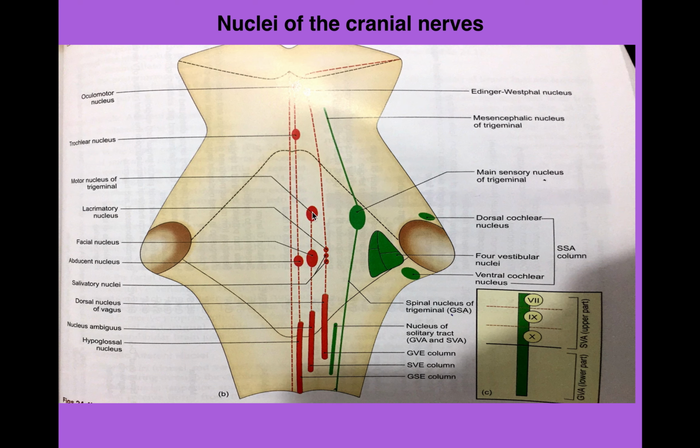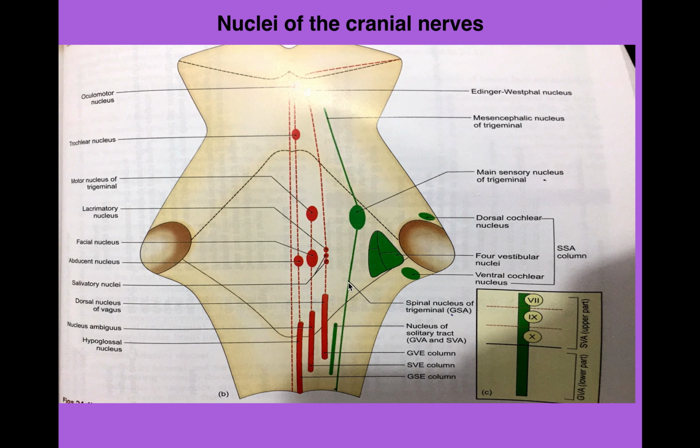So we have the motor nucleus and the sensory nucleus, which are at the level of the upper pons. And then we have the mesencephalic nucleus, which is in the midbrain, and then we have the spinal nucleus, which is extending from the upper pons to the C2 segment of the spinal cord.